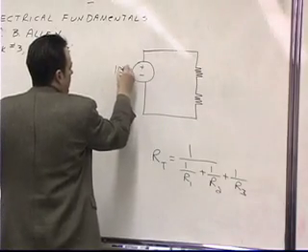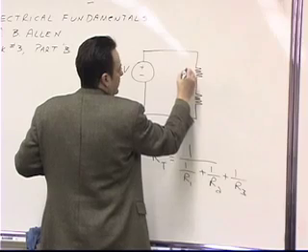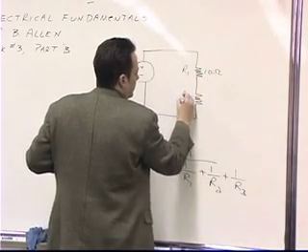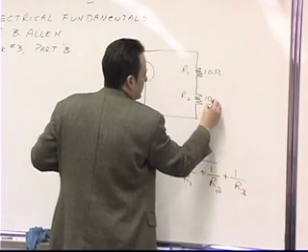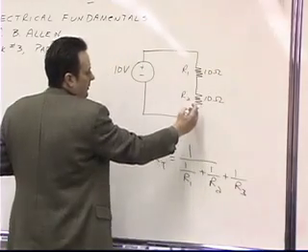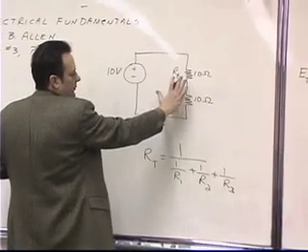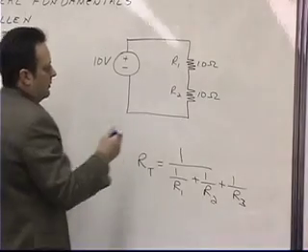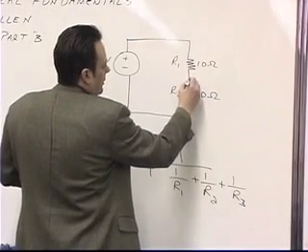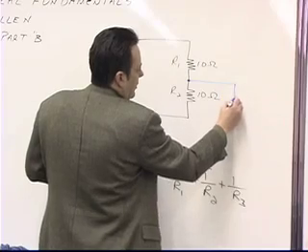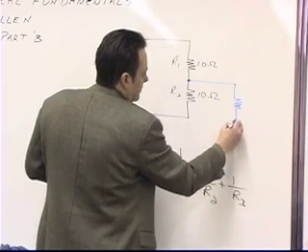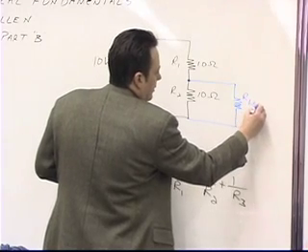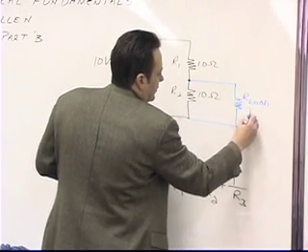This is 10 volts. This is R1, which is 10 ohms. This is R2, which is 10 ohms. We know that would be 20 ohms if we left it like that. And then we're going to load it with another 10 ohm resistor. So this is our load, which is going to be 10 ohms.